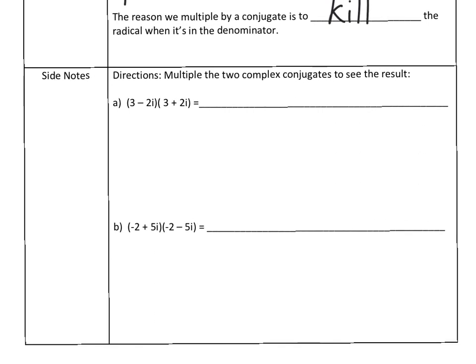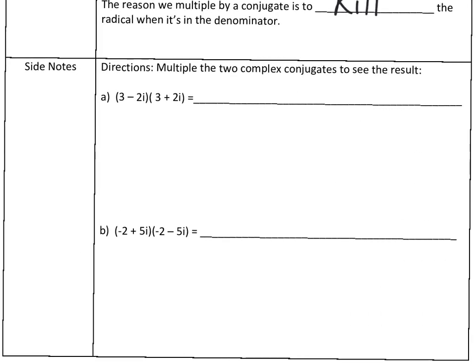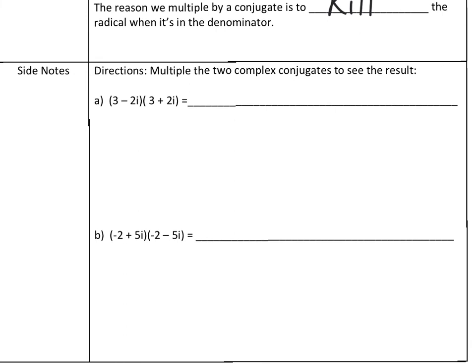So we're going to multiply the two complex conjugates and see the result, okay? So just showing you how this works. FOILing, 3 times 3 is 9, 3 times 2i, negative 2i times 3, and negative 2i times 2i, negative 4i squared.